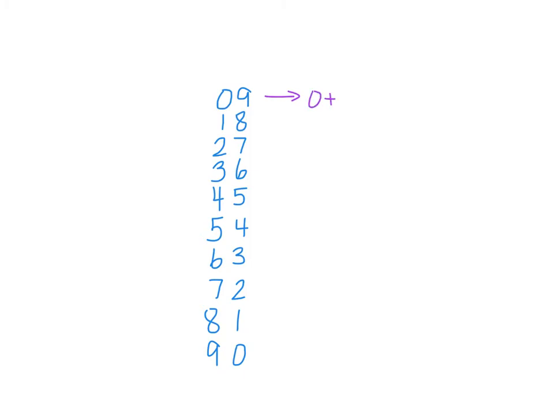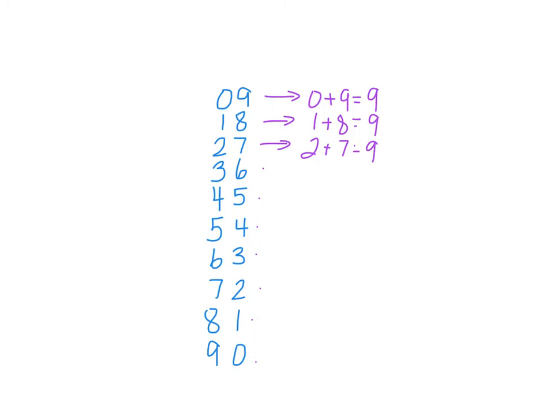So 0 plus 9 equals 9. 1 plus 8 equals 9. 2 plus 7 equals 9. 3 plus 6 equals 9. 4 plus 5 equals 9. 5 plus 4 equals 9. 6 plus 3 equals 9. 7 plus 2 equals 9. 8 plus 1 equals 9. And 9 plus 0 equals 9.